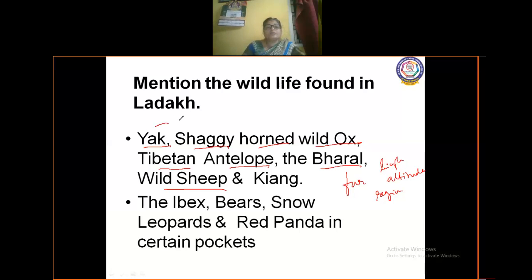And the yak is a good transporter. It is used for transportation of people as well as goods from the hilly regions to the foothills, like the camel in the desert. So the yak is very important in a cold desert region like Ladakh.